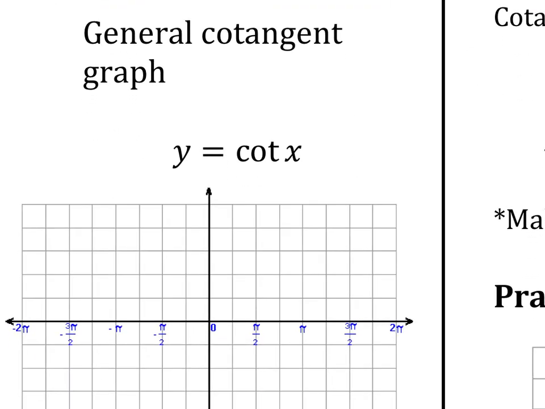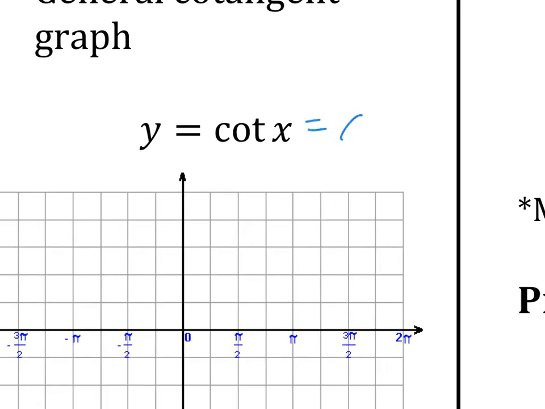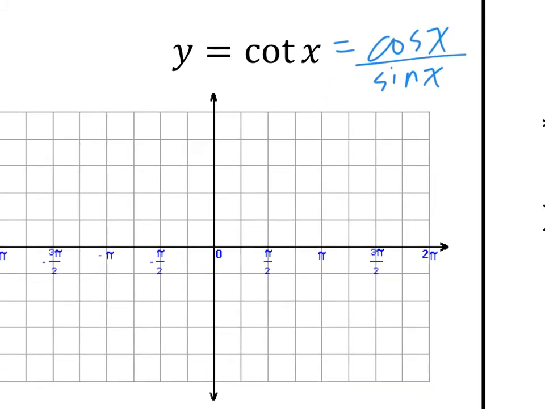Okay, cotangent. Cotangent is what function over what function again? Yes, cosine over sine. So what's going to give us the asymptote? Good. When sine is 0. Yes. So we're going to start by graphing sine.